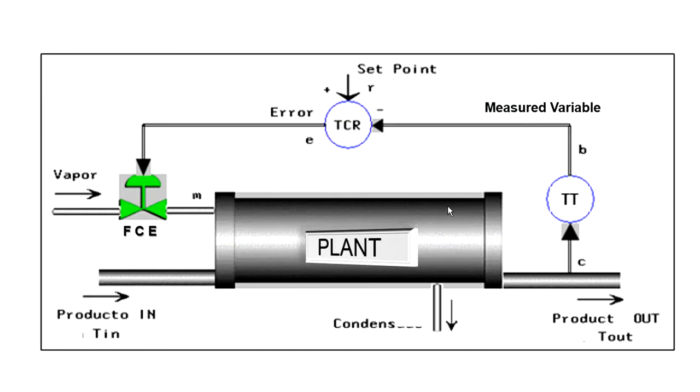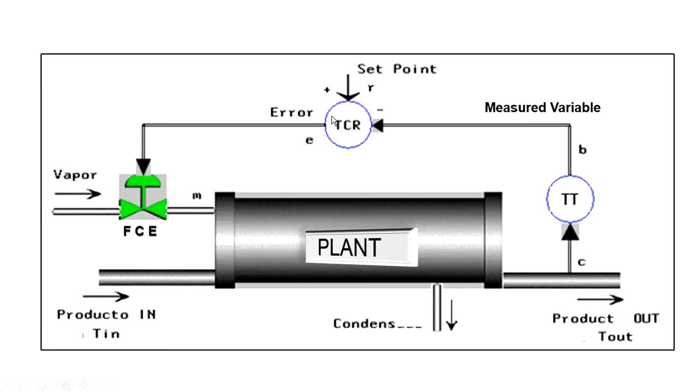As an example, suppose that the reference value is 70 degrees Celsius and that the output temperature is lower, for example 65 degrees. That means there is a positive difference between the set point and the measured value. Set point 70, measured variable 65, that gives an error of 5 units.